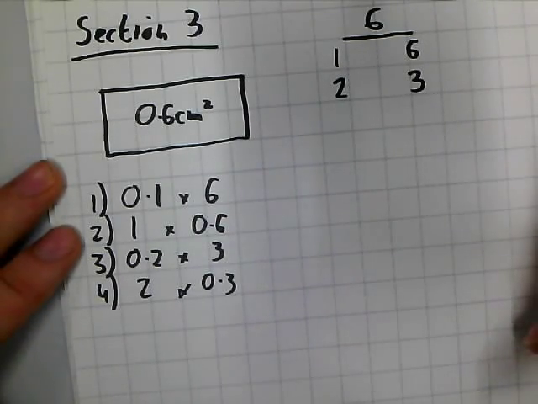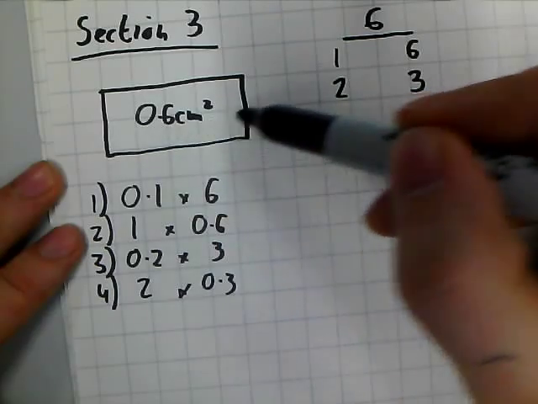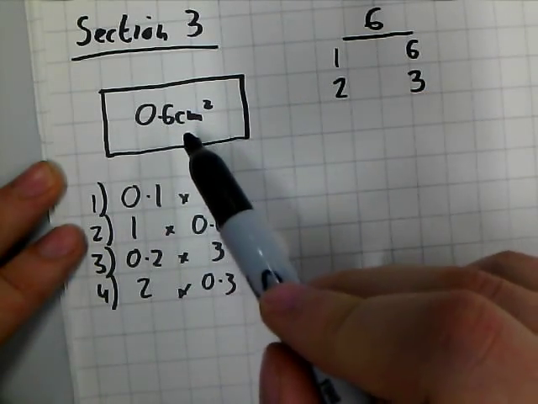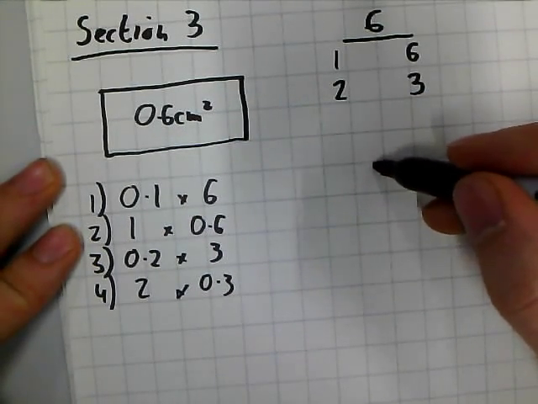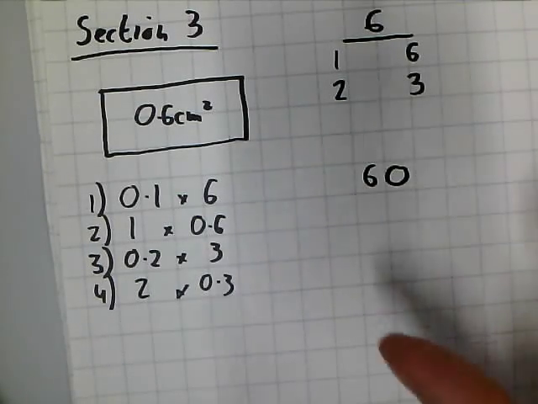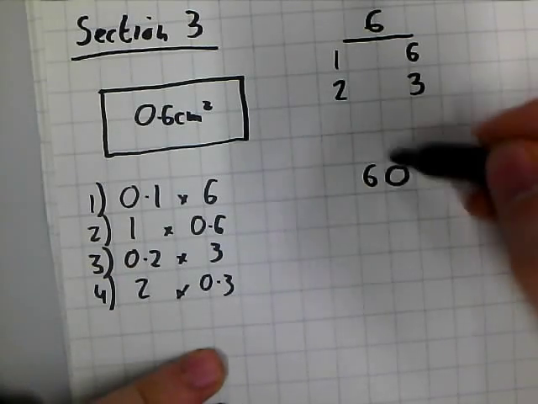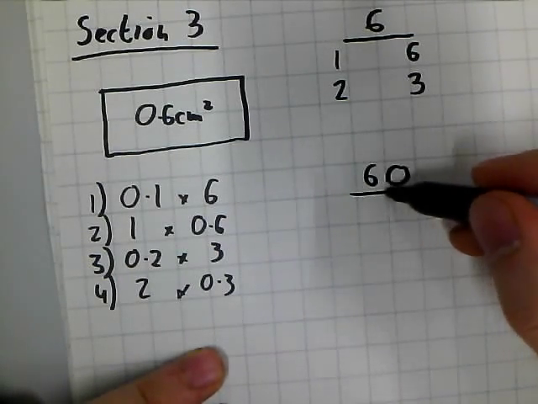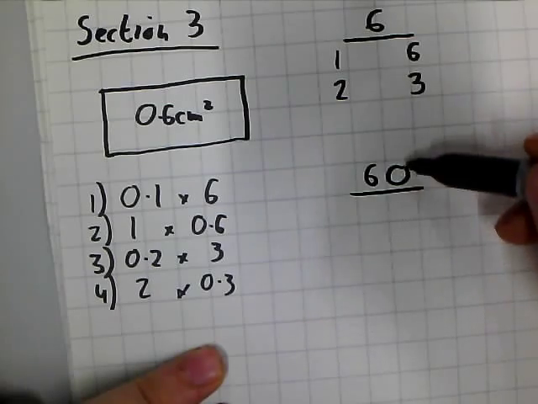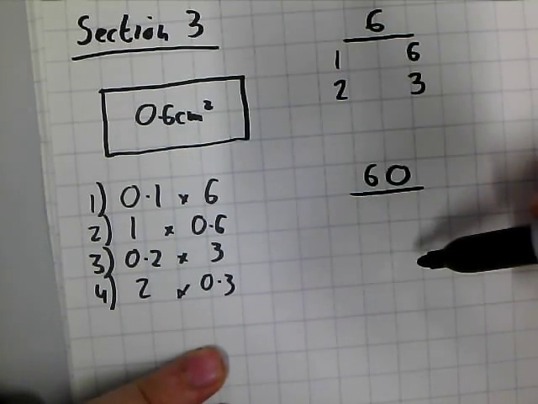Okay. Now alternatively, this could have been 0.60 as well. So effectively, if I can get numbers that multiply to give 60 and divide them by 100, then I'll also get 0.6.